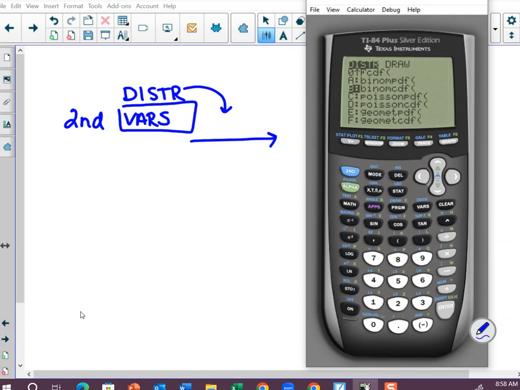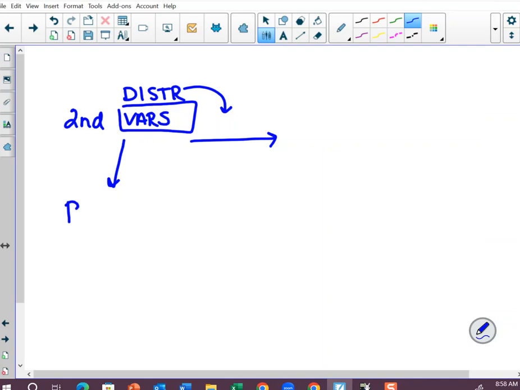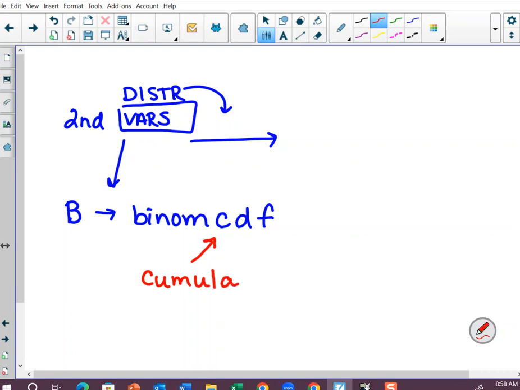So when I do letter B, which is the binomial CDF, that's cumulative. I don't know if I'm spelling that right.